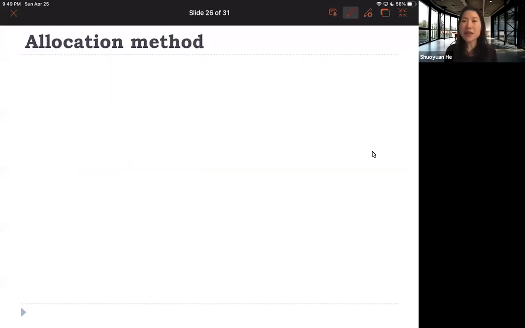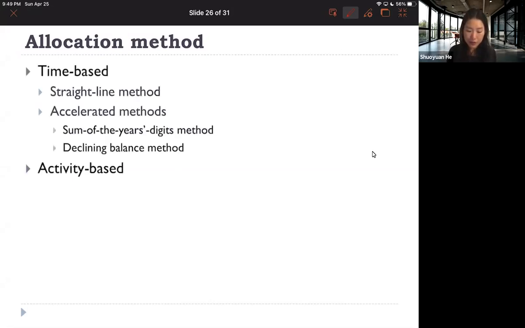The third element is allocation method. So depending on whether it is time-based or activity-based, we have different allocation methods. The straight line method is an allocation method that is time-based.